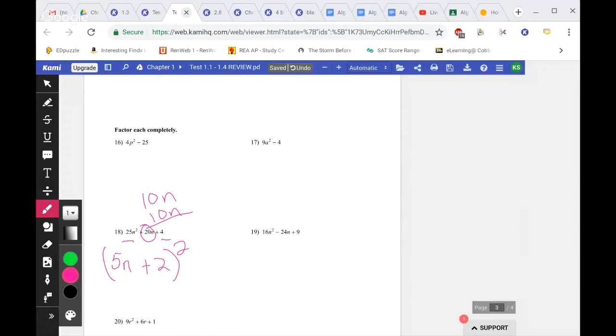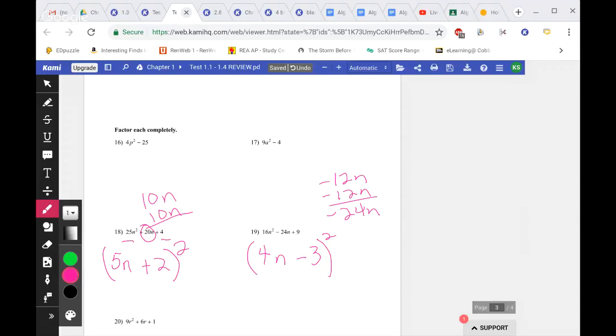Yes, it does. And like here, since this is a minus, you would take the perfect square of the first term and the perfect square of the second term and then put a minus in the middle. And just to double check, I always go 4n times 3 is a negative 12n. And if I add another one to it, it's negative 24.